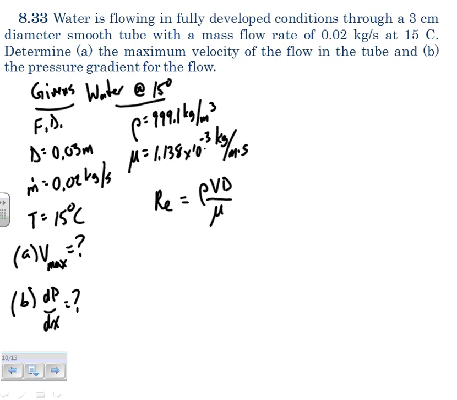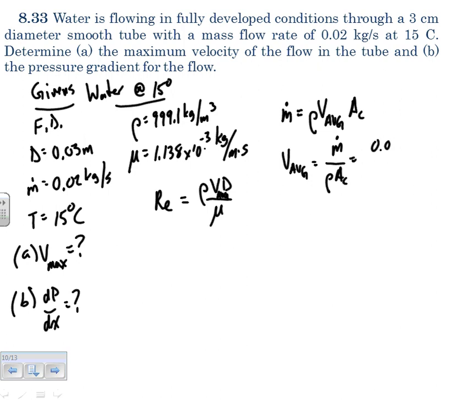So I need to determine what my average velocity is. This is the average velocity, of course. So I can figure that out through knowledge of the mass flow rate. The mass flow rate m dot is just rho times V average times the cross-sectional area. So V average, I can rewrite this as just the mass flow rate divided by the density times the cross-sectional area.